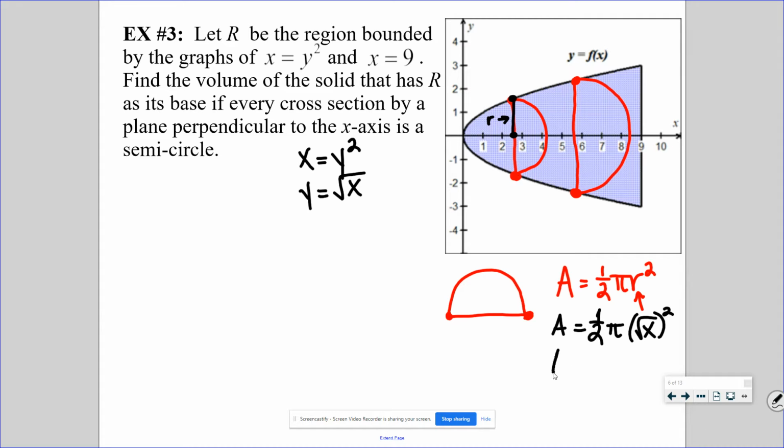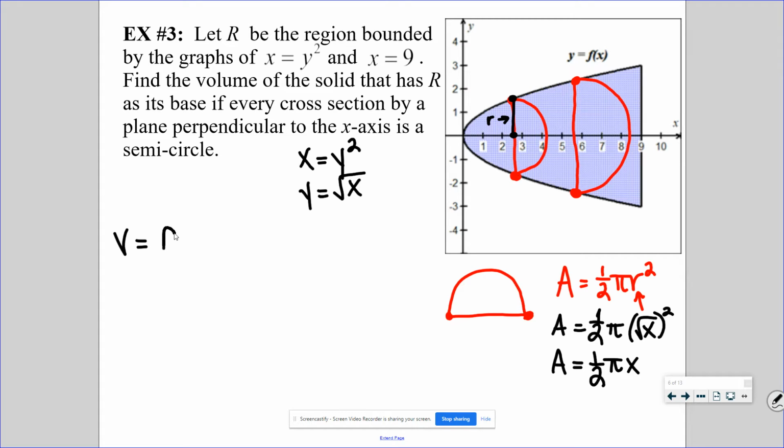Okay, and then if we continue solving, the square root of x squared is x. So the area of each semicircle is a half times pi x units. And again, we want to find volume.